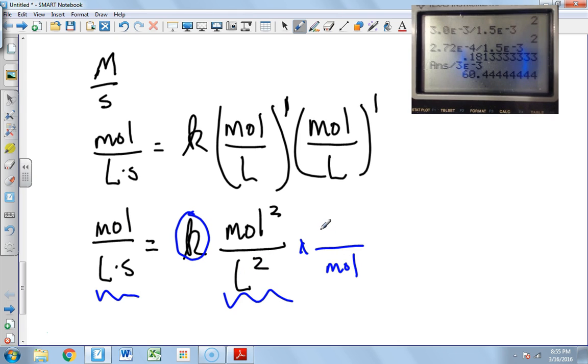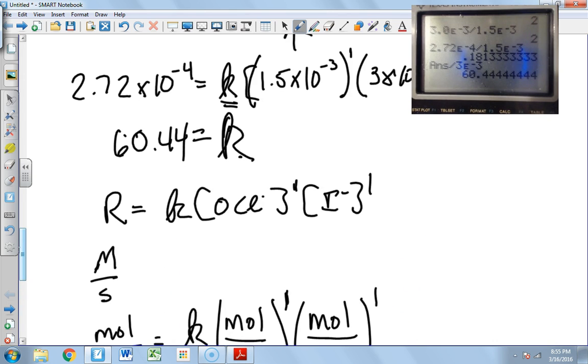We want to get rid of 1 liter, so one of the 2 liters cancels out. Now that works. And now we're going to put a times second there, because when you multiply by seconds, it's going to be that. So now that's our unit. Our true answer here is 60.44 liter per mole second.